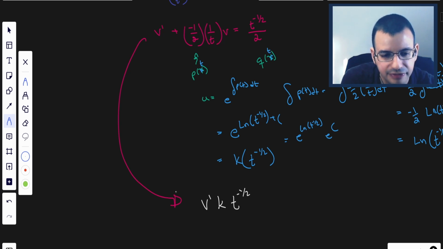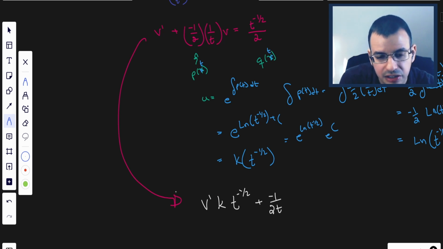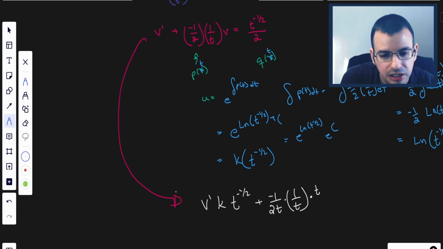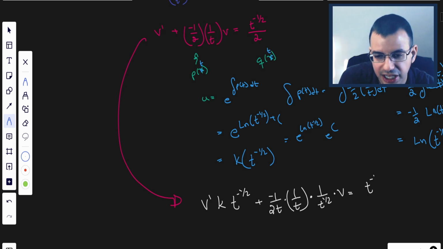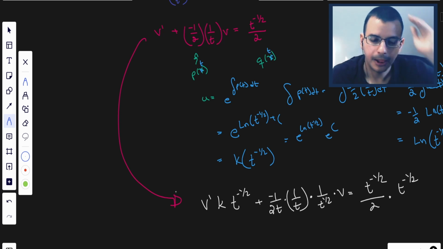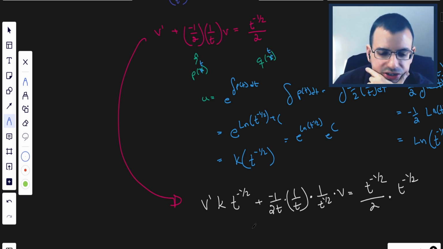T to the negative 1/2 times v prime plus negative 1 over 2t times 1 over t times t. I'm going to write this as 1 over t to the 1/2 times v equals t to the negative 1/2 over 2 times t to the negative 1/2. Does that seem plausible?